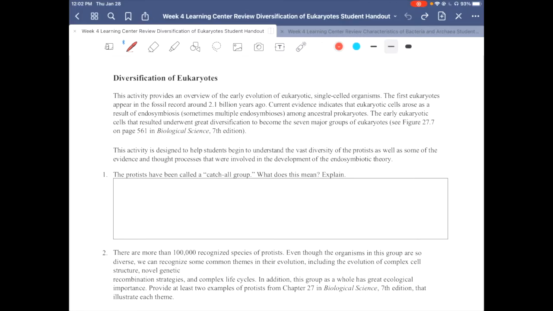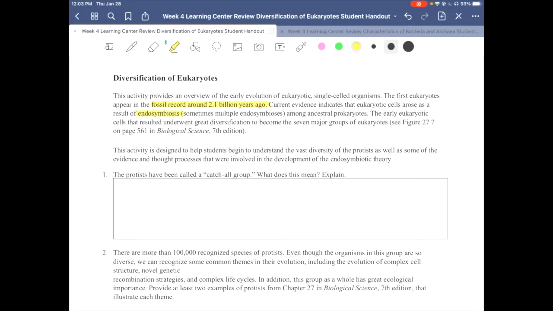So a little bit of background. The first eukaryote appeared in the fossil record around 2.1 billion years ago, and current evidence indicates that eukaryotic cells arose as a result of endosymbiosis. That word should sound familiar.